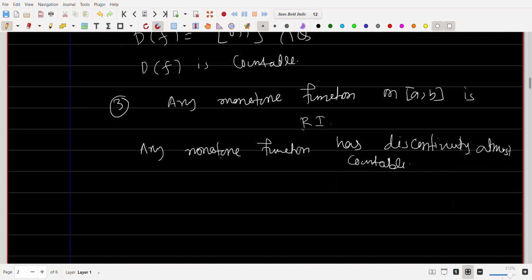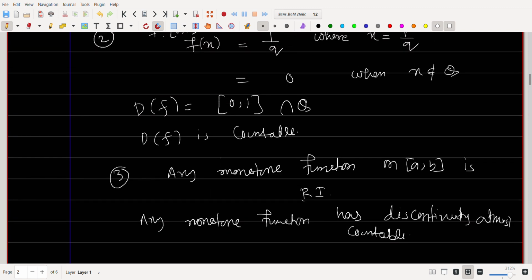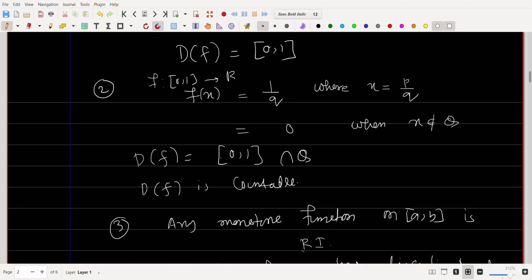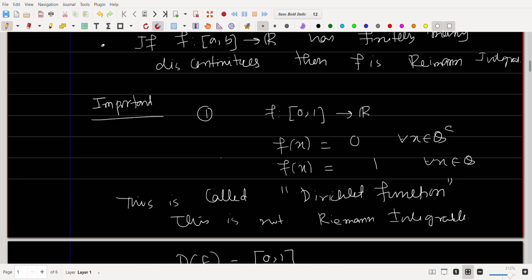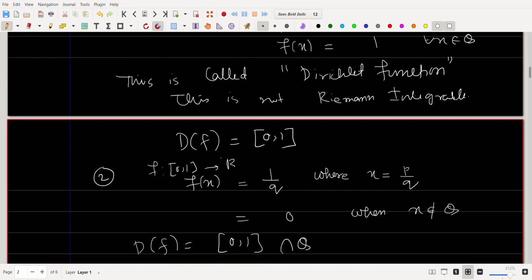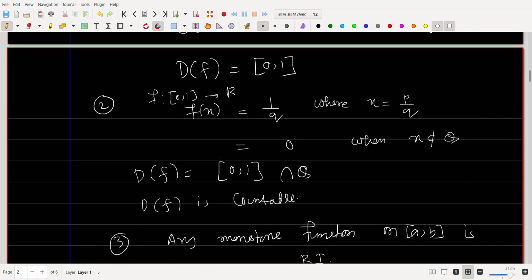These types of questions were asked in my TIFR Mumbai interview, and in the last part one of the professors asked me a very interesting question. I think you should ask yourself that question also, because in all the examples I have given, the discontinuities are either finite or at most countable.